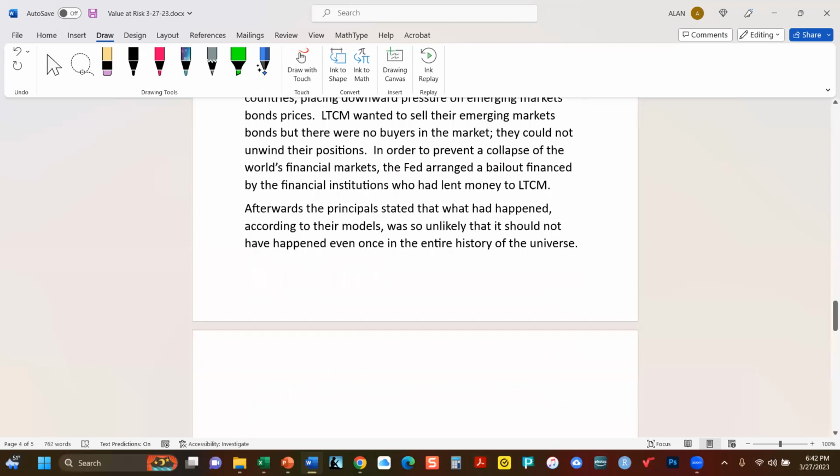In other words, according to the models that they were using, which included value at risk models, something like this should never have happened. Okay, it was so unlikely, like getting hit by lightning 100 times in a row, that kind of thing.